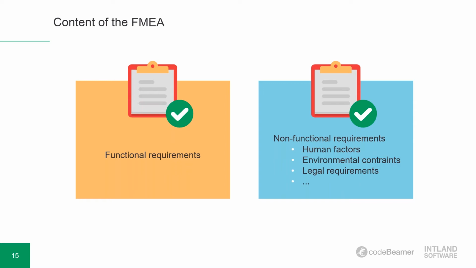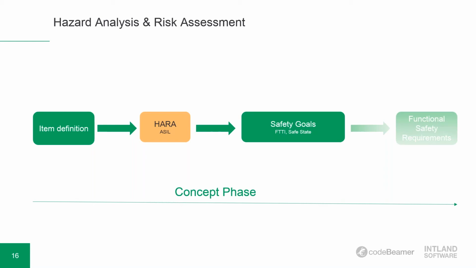Okay, so what is then the content of an FMEA? Basically, it can be anything. Of course, you want to have your functionality examined, so how it can fail and what effects will it have on your system. But you can also list all non-functional requirements. So you can list some human factors depending on your industry and area that you are using FMEA for.